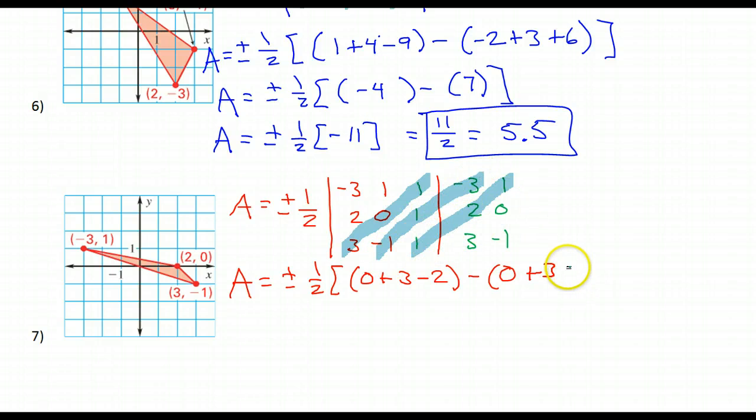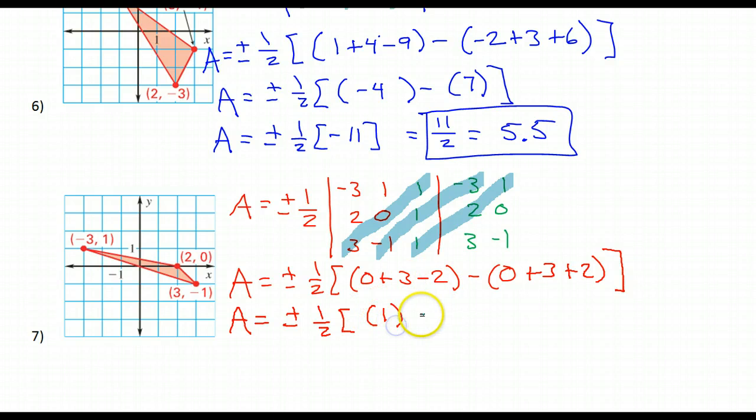And then positive 2 from the third one. Okay, so that's going to get 3 minus 2, that's just 1. Alright, and that's just 5. So 1 minus 5, that's negative 4.